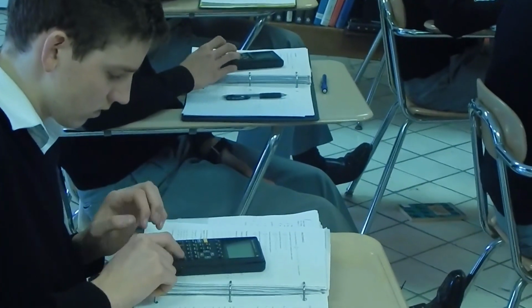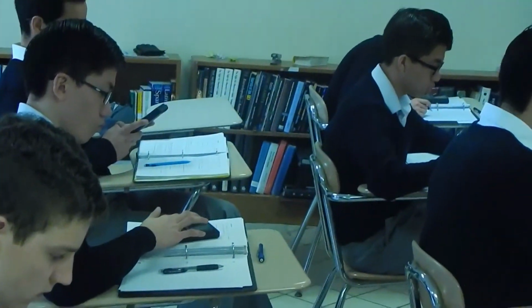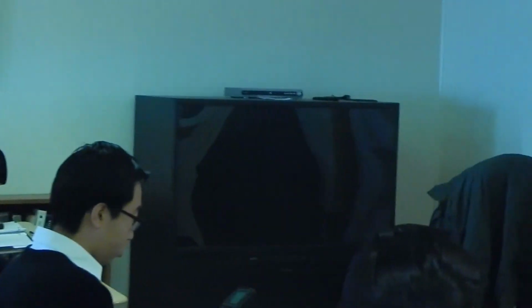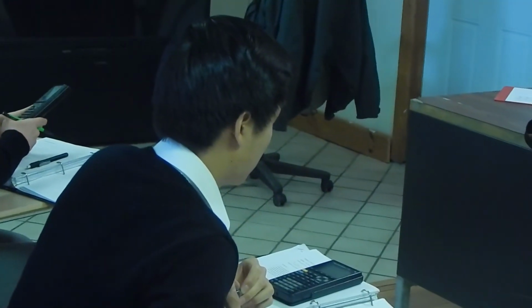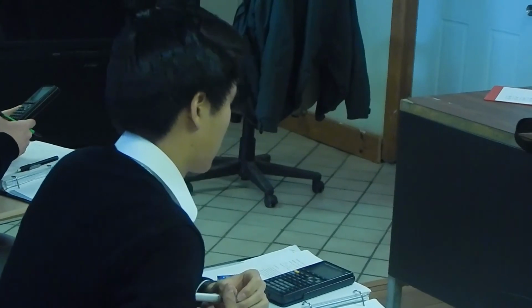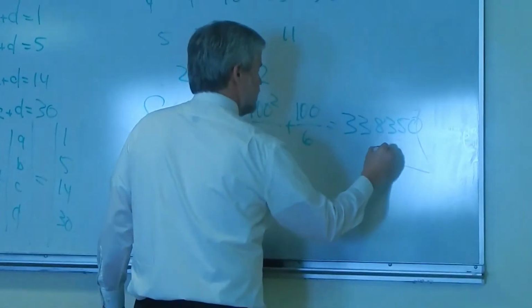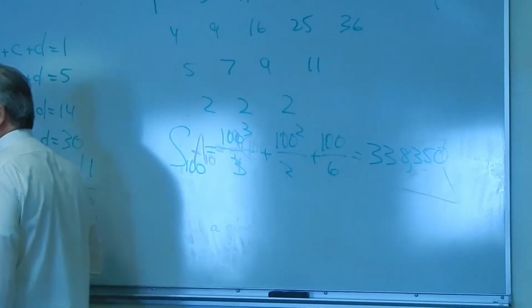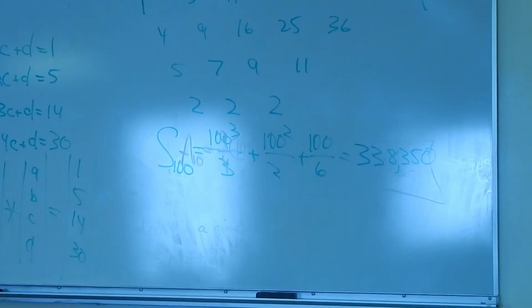Let's get those into the calculator. What do we get? 338,350. Do I have concurrence? Everybody agree?